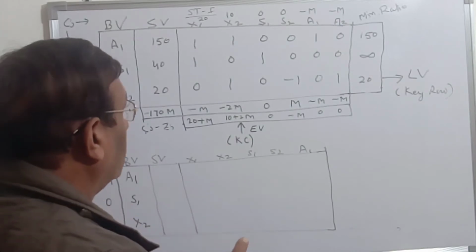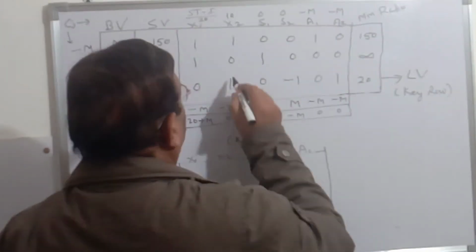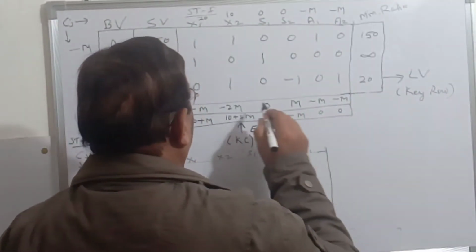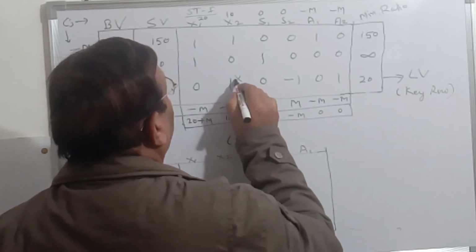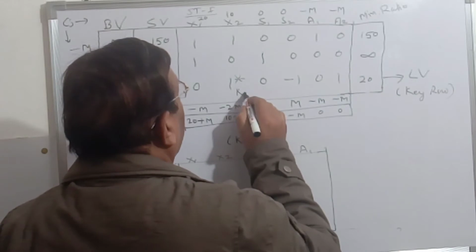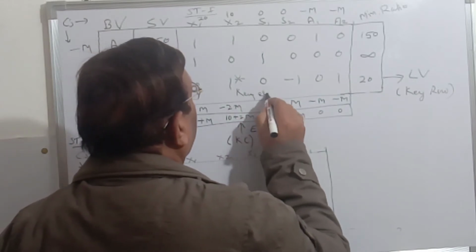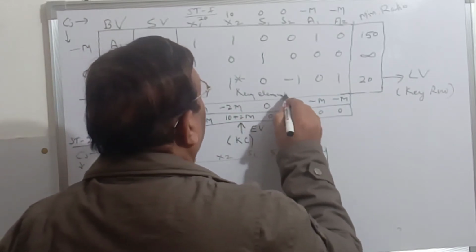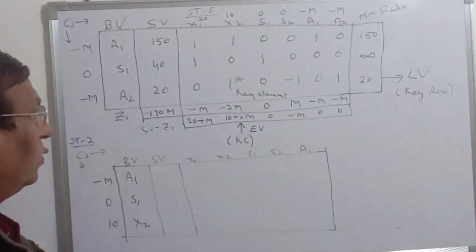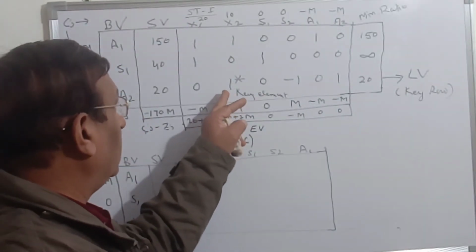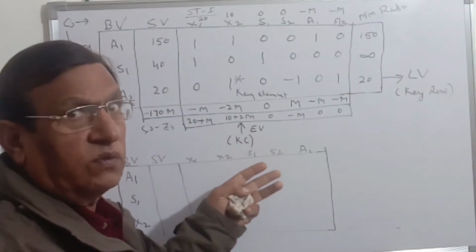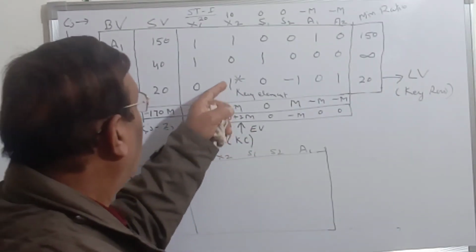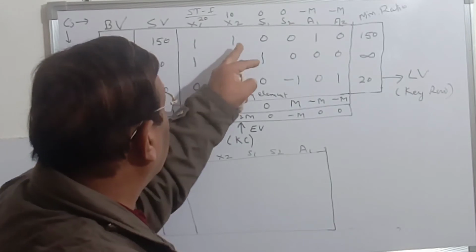Now decide: the leaving variable and the entering variable, there is a point at the intersection of the two lines, and that point is known as the key element. For the next table, you have to make the key element 1 and the other elements 0. The key element is already 1, no problem. Other element, you have to make this 0.